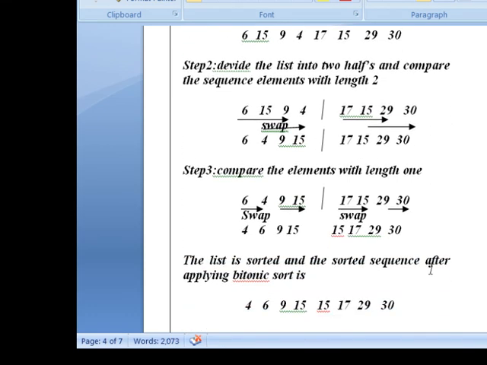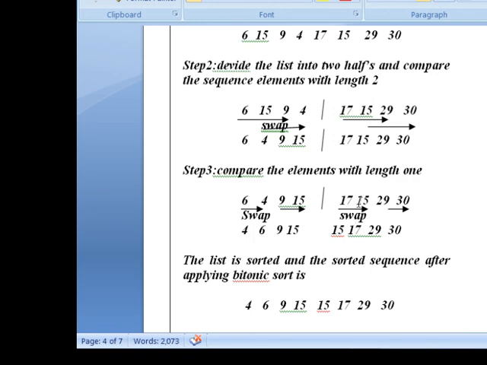Again next compare the elements with length 1. That means these two you have to give to one comparator, these two to another comparator, these two to one comparator, these two to one comparator, and 4 comparators start their comparison at a time. Now see, 6 4 input to the comparator, what is the output we are getting? 4 6. 9 15 we are giving as input, what output are we getting? 9 15 only. 17 15 we are giving as input, what output are we getting? 15 17.